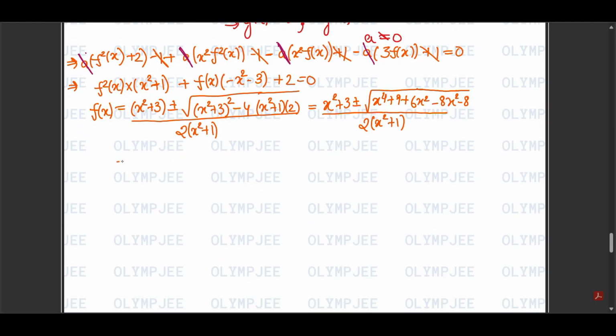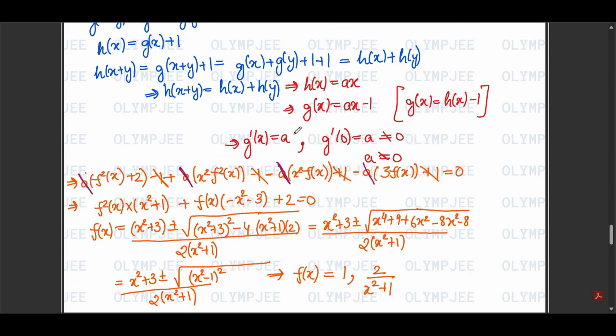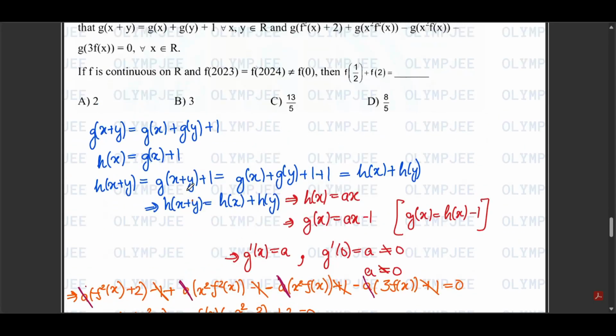So this will become equal to x² plus 3 plus minus the square root of (x² minus 1) whole squared, divided by 2(x² plus 1). So this will finally give us f(x) is equal to 1, 2 by x² plus 1. These will be the two solutions for f(x) that you will get on solving this quadratic.